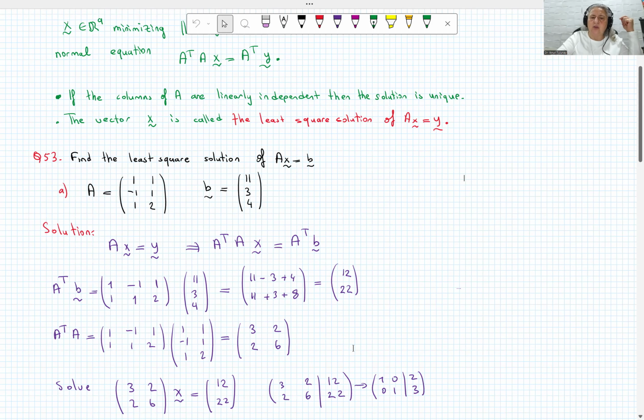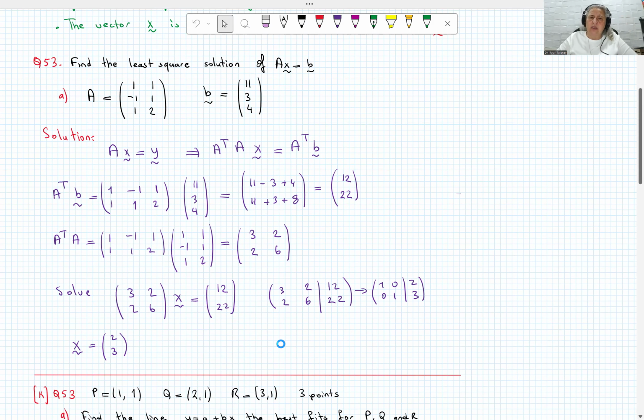So what is the equation at that moment? The equation is Ax = B, and we have A transpose A x = A transpose B. So we would like to solve this equation. You can apply row operations, but in this case, this is an invertible matrix.